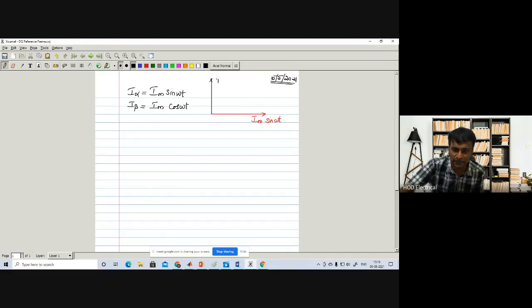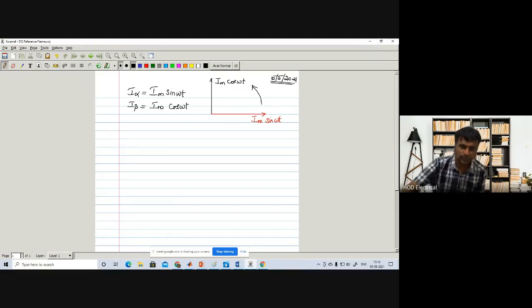Therefore this is Im into cos omega t. Usually cos will lead the sine, therefore we are moving towards this direction.